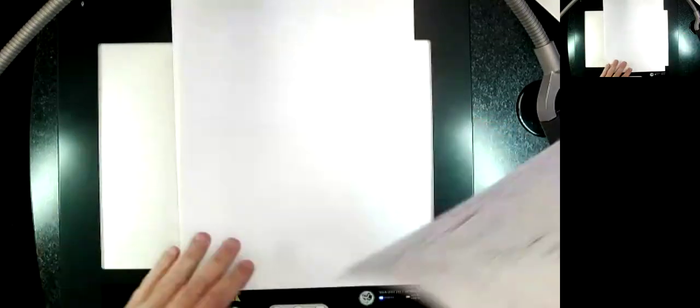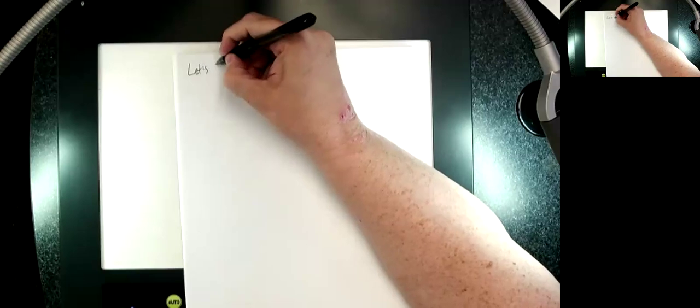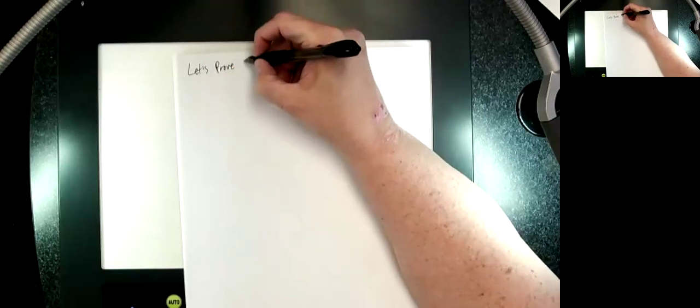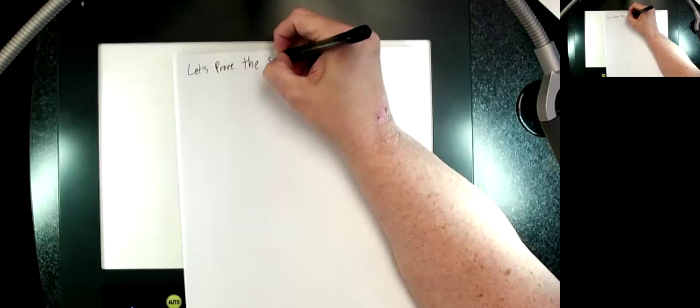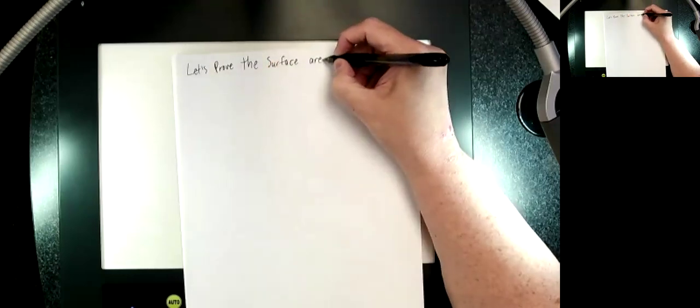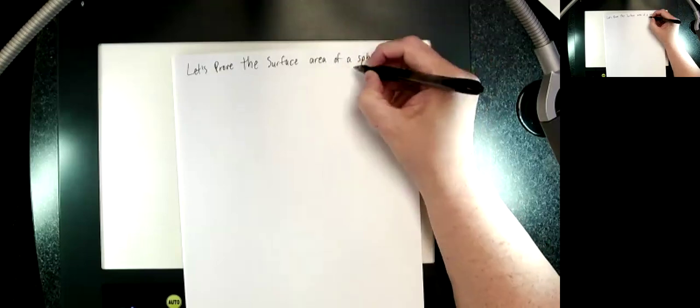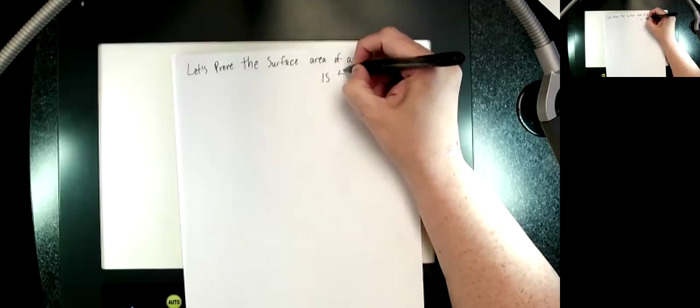All right. Let's prove the surface area of a sphere is 4 pi r squared.